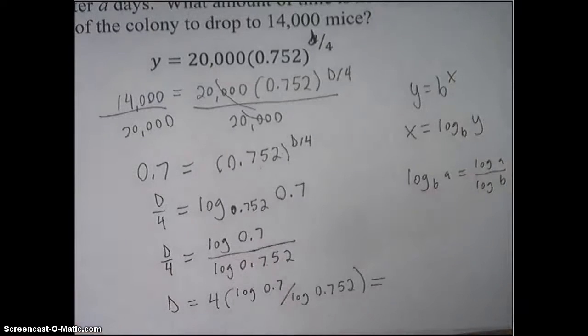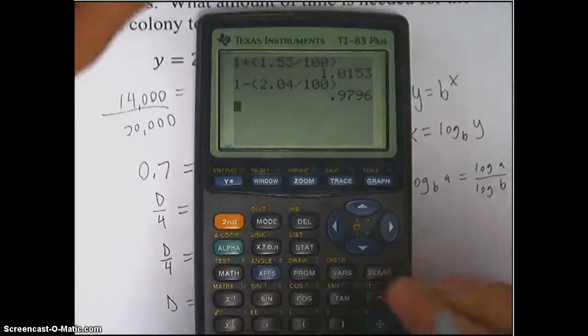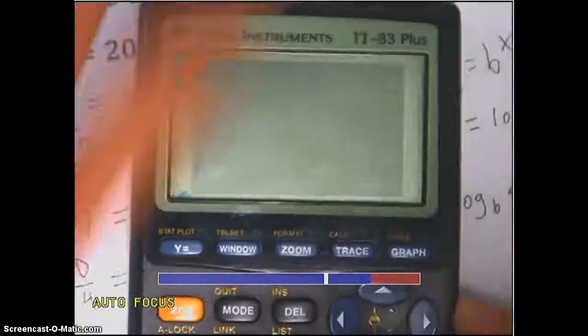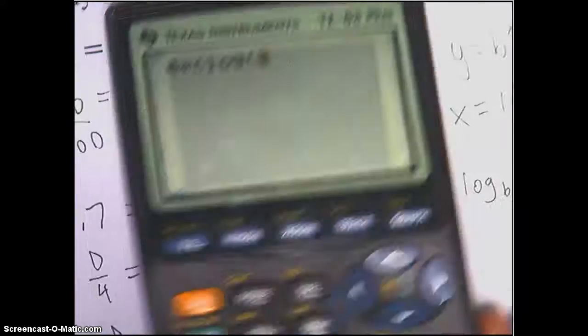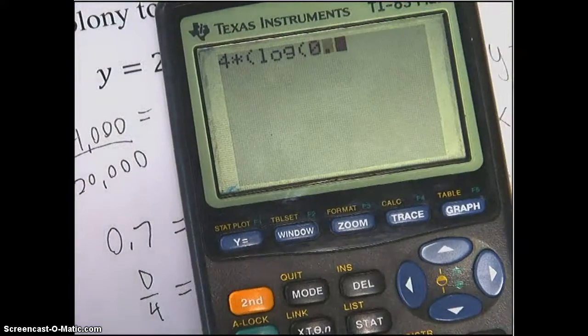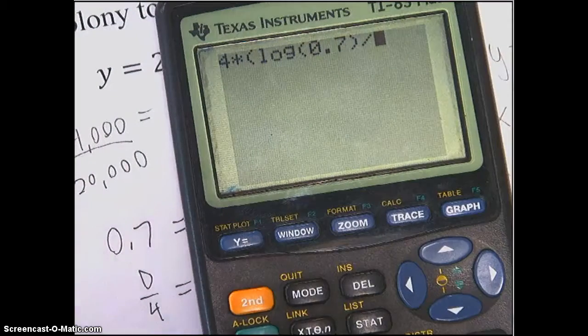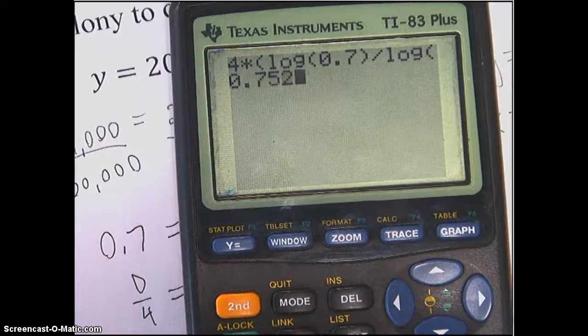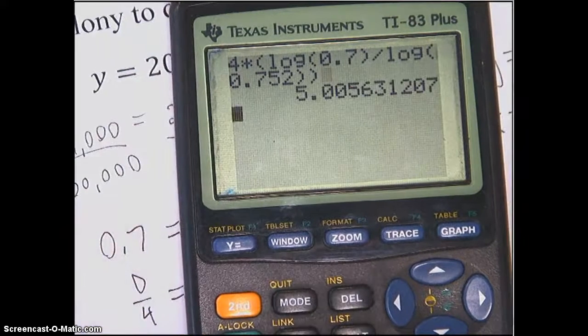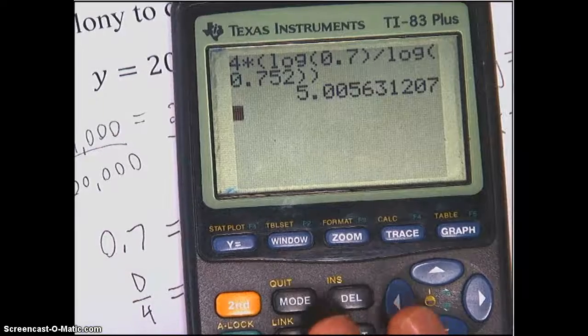And at this point, it's calculator work. So I'm going to type that in. I'll show you how to do it. 4 times log of 0.7 divided by log of 0.752, close parentheses. And it looks like it's just about 5 days.